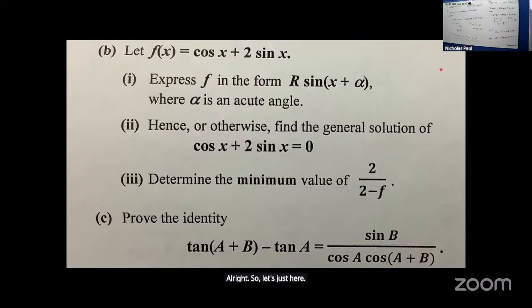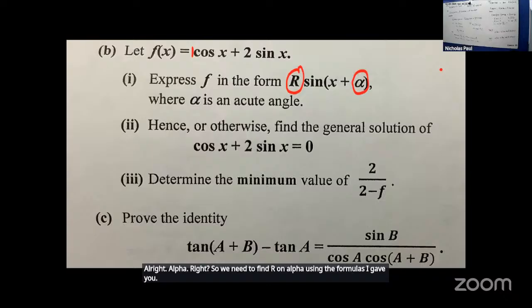Here we have one cos x plus 2 sine x, and they want us to write it in this form. So to write it in this form, what do we need to find? R and alpha. So we need to find R and alpha using the formulas I gave you.